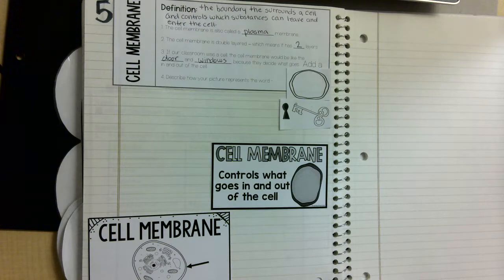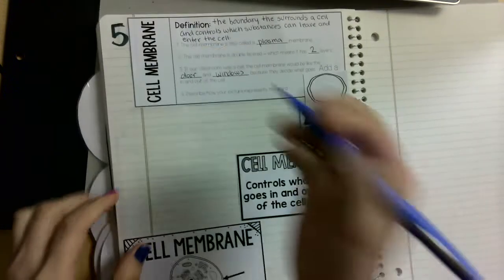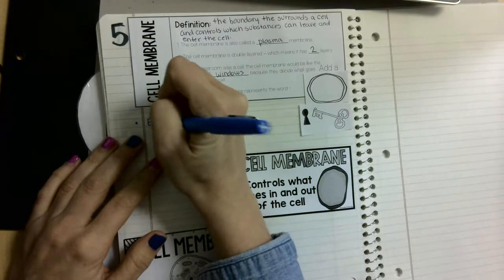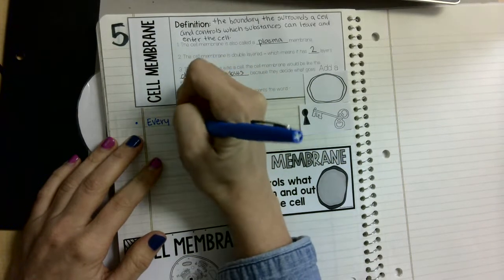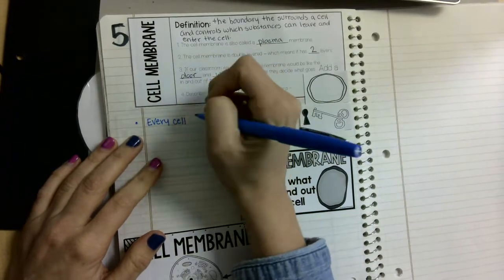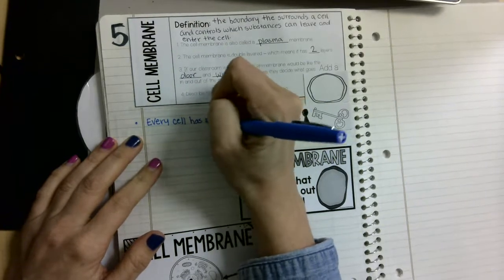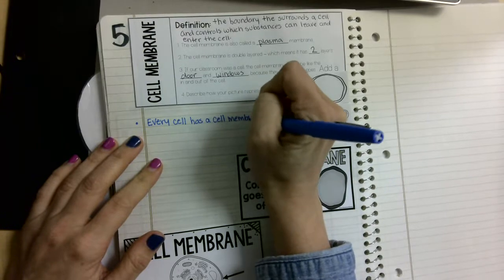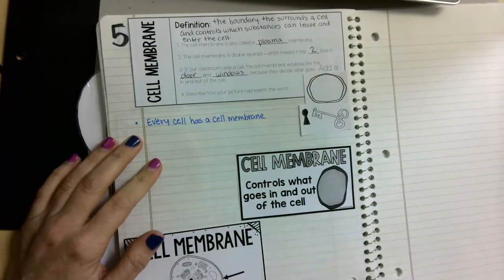So we're going to write a couple points. Every cell has a cell membrane. That's a fact.